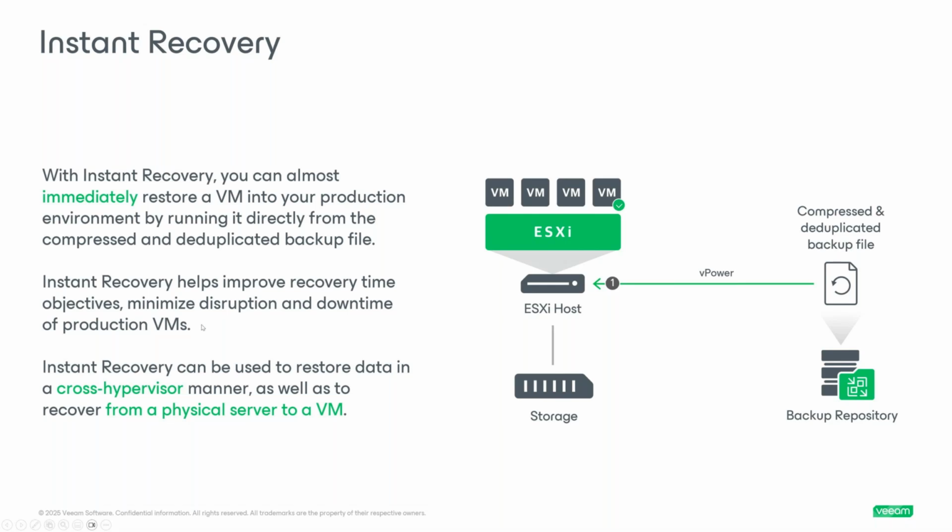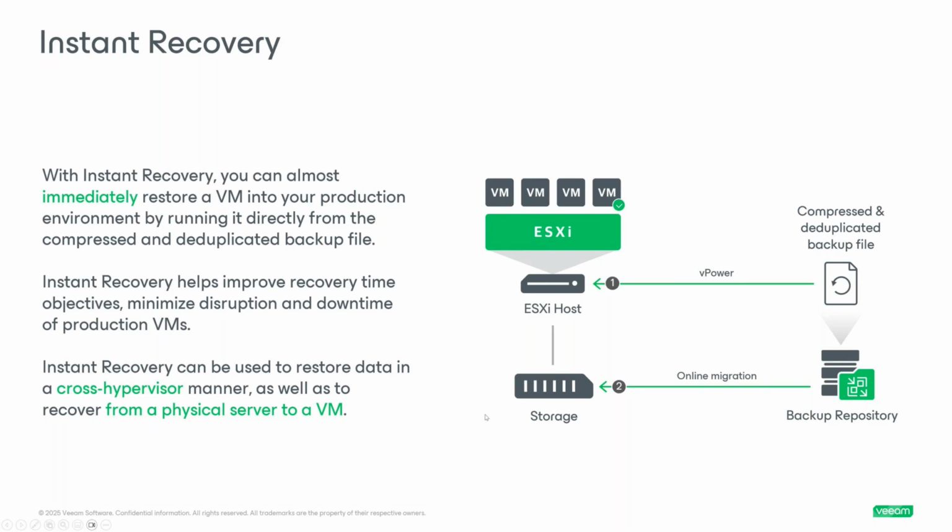So it is the default way to restore quickly, but what it will require you to do at some point will be to migrate the backup file to production to complete the operation and have a full VM recovery.